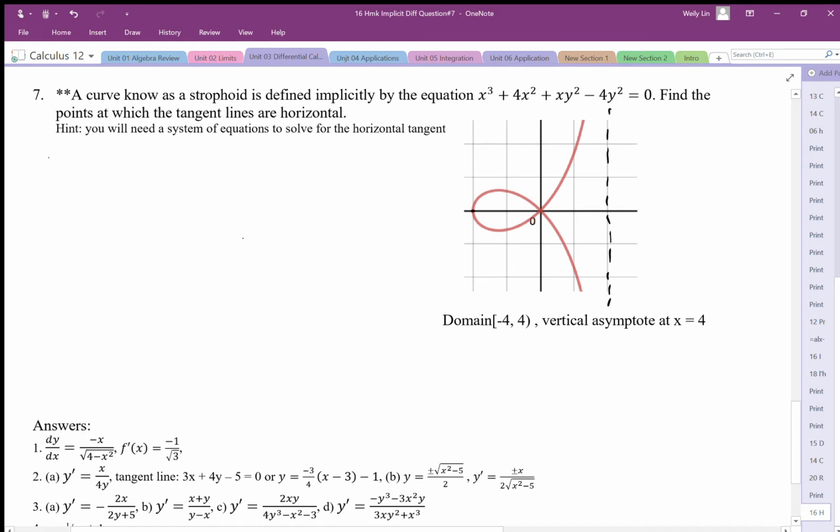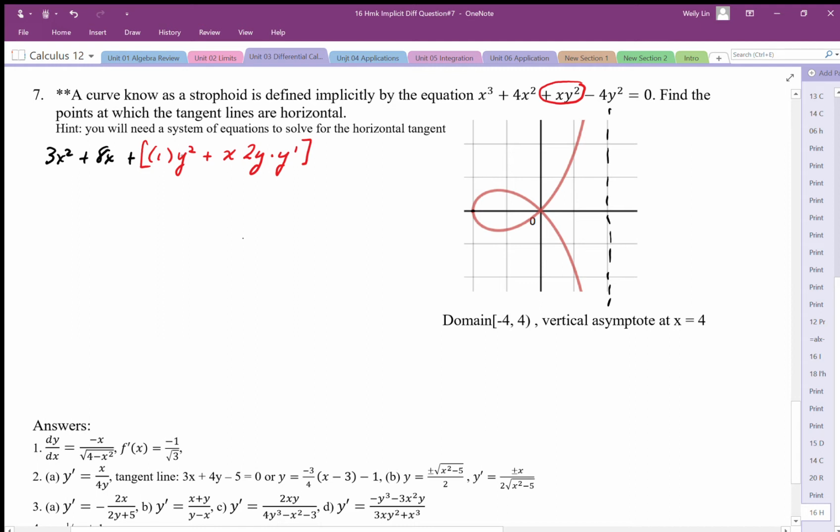So we end up with 3x squared plus 8x plus, now this portion here involves a product rule, so we have to make sure that we differentiate as a product. We differentiate the x, leave the y squared, plus we differentiate the y squared into 2y, and since we're differentiating a y at this point, we use the chain rule to get y prime.